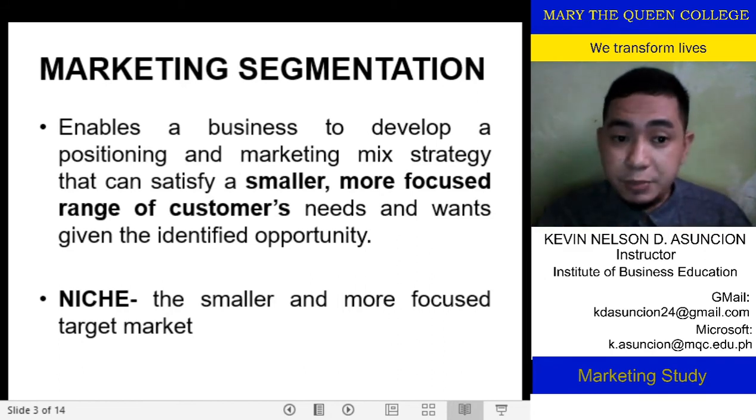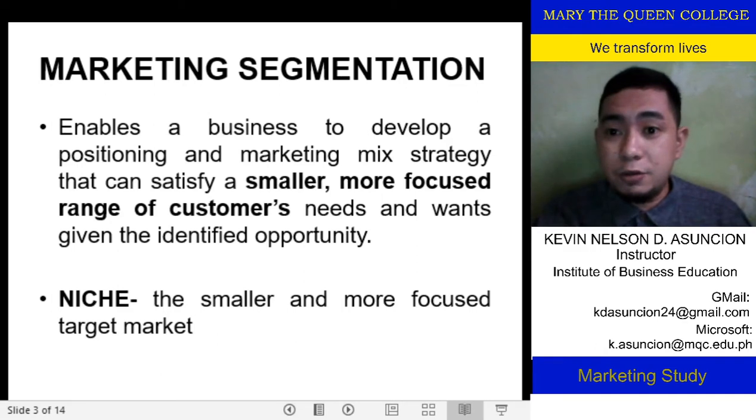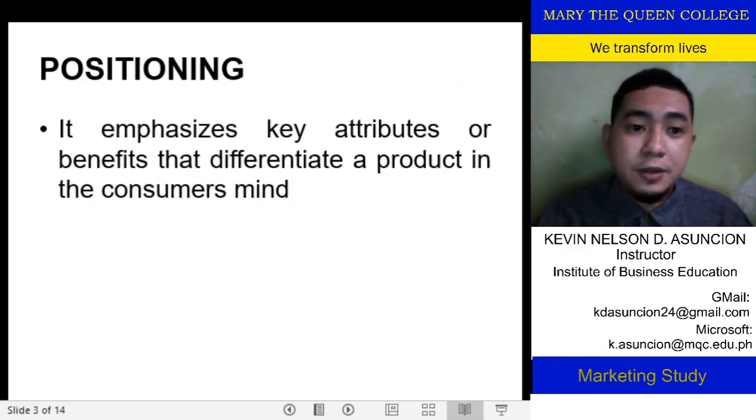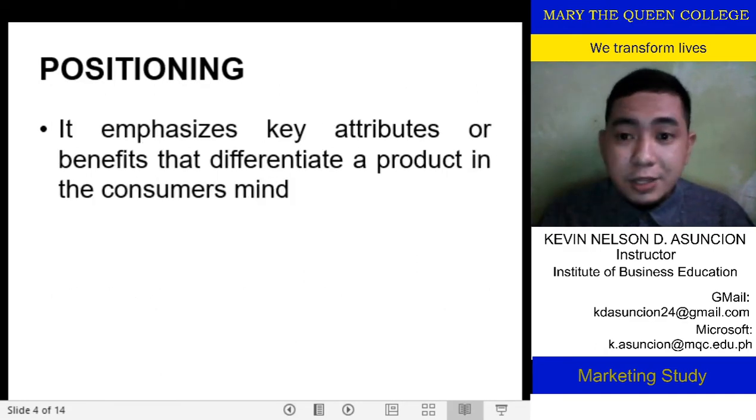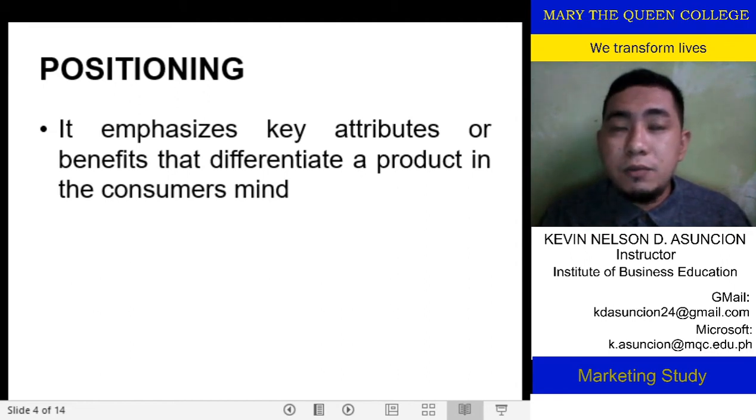So, yung pinaka-specific market mo. Dito papasok yung marketing research natin, no? So, even in your retail management and product management, I always discuss that. In product management, in retail management, we tend to know the primary and secondary data that you need.